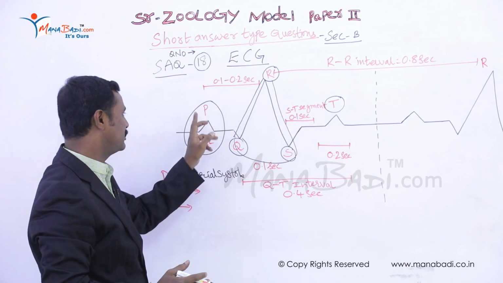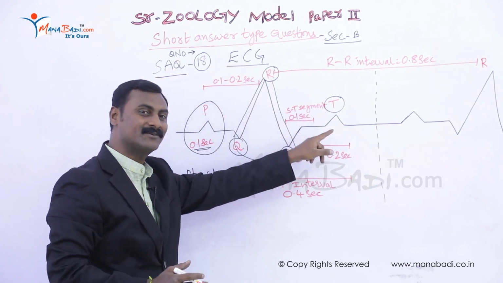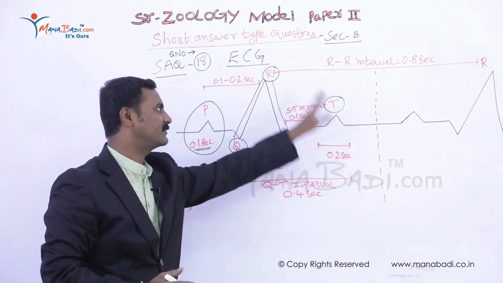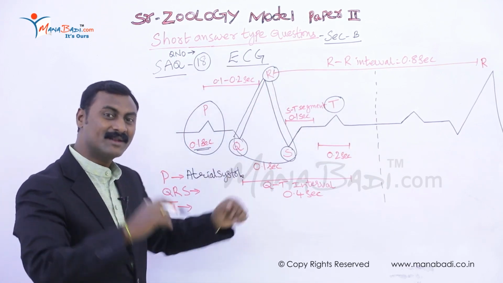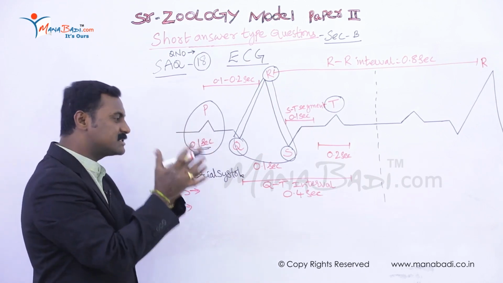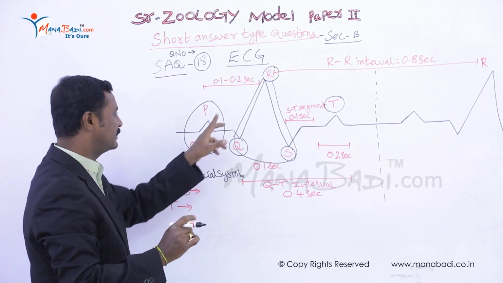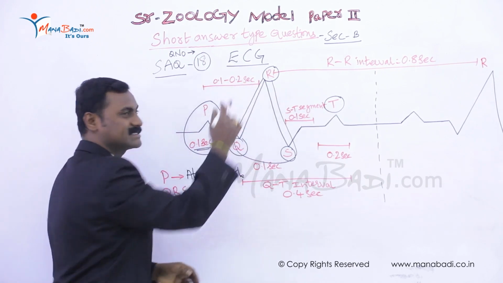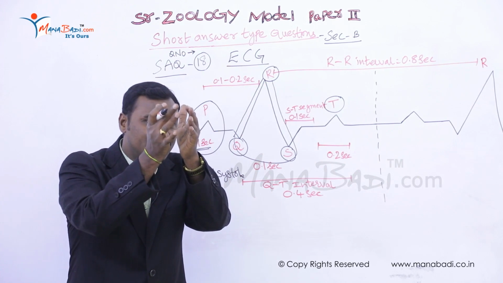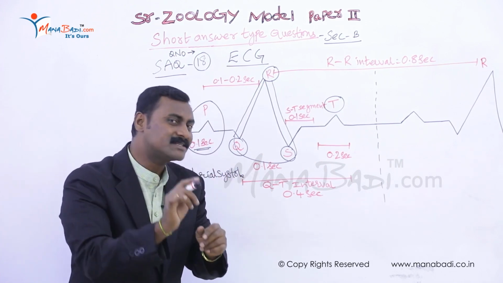Wave, wave, and in between complex, like that you have to mention. So P wave, which is called atrial systole, sustains for just 0.1 seconds, and the next one is QRS. So atrial systole, then immediately ventricular systole. Both will happen in 0.1 seconds only.